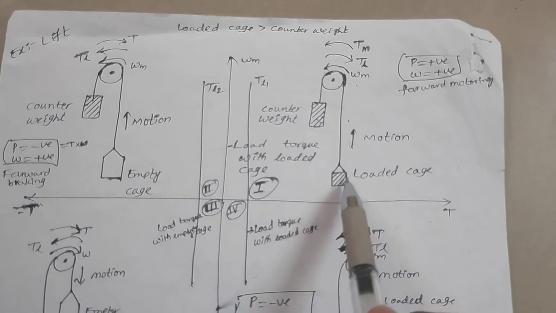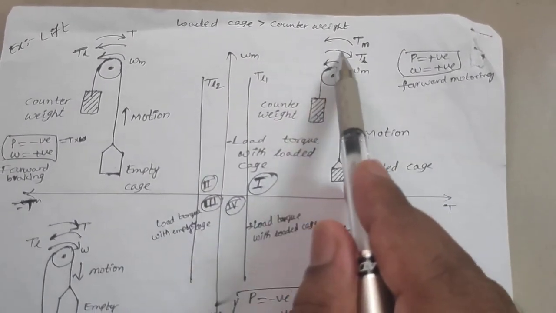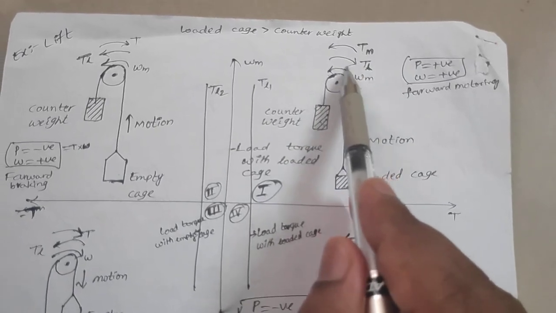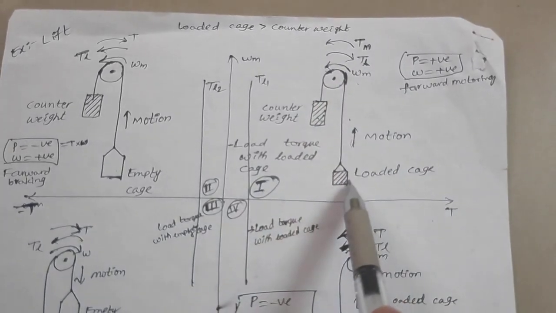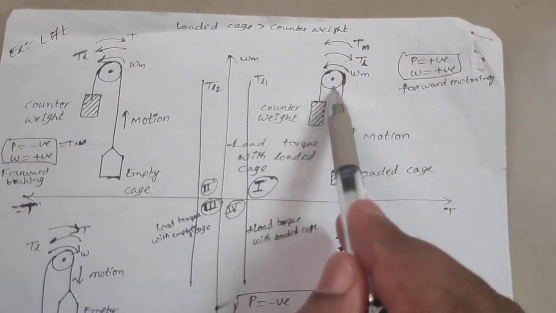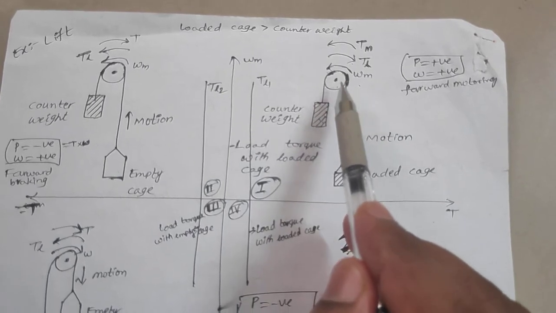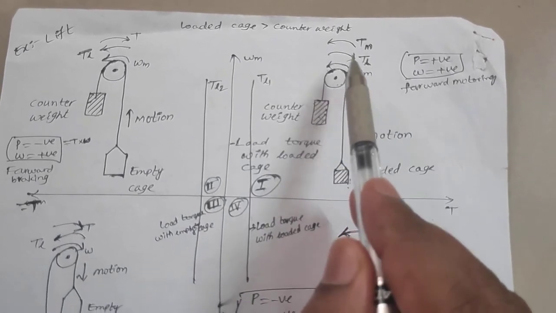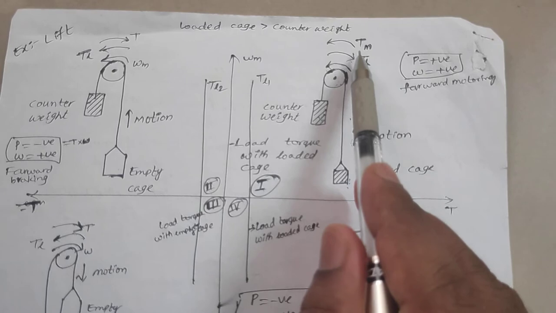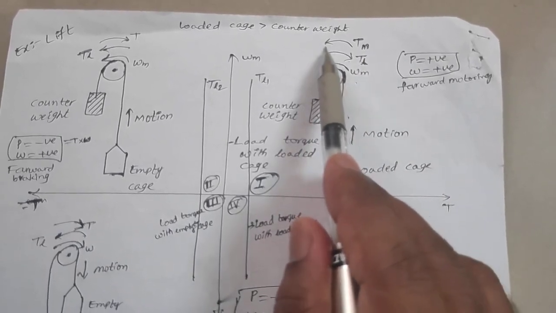But the loaded cage is heavier than the counterweight, that's why the load torque will be produced in the clockwise direction towards the loaded cage. To oppose this load torque, the drive needs to produce the motor torque in the opposite direction, that is the counterclockwise direction.